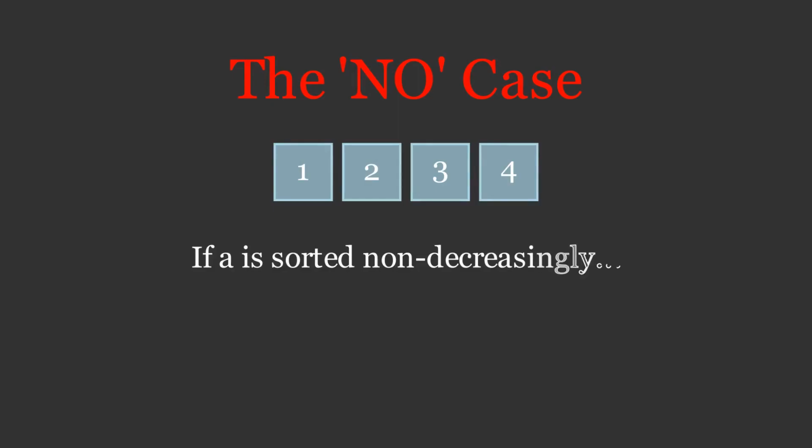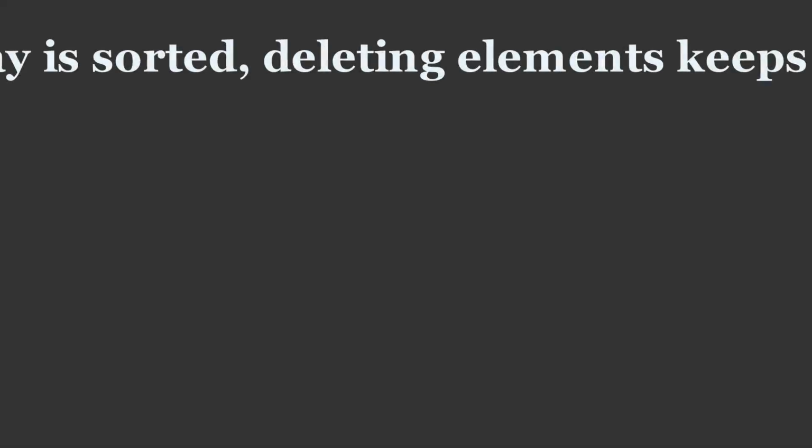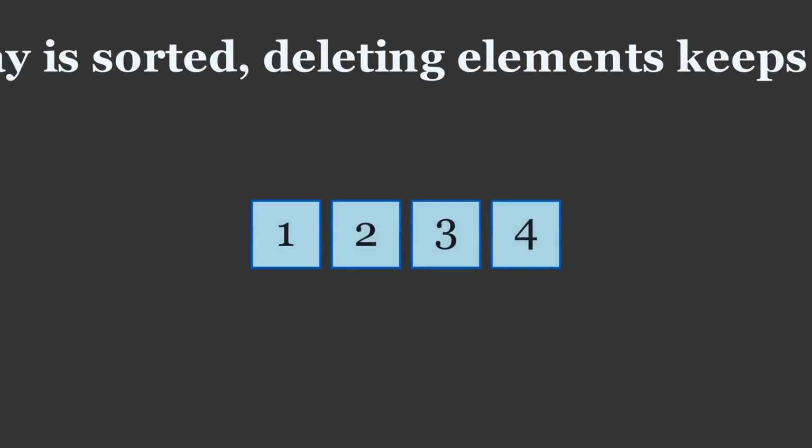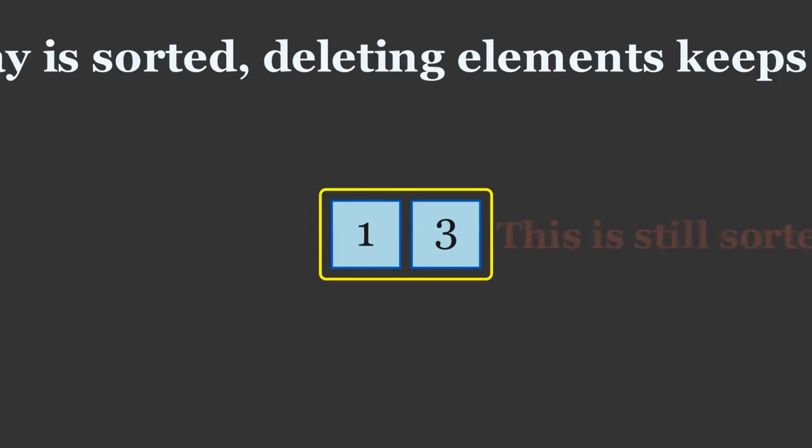If the original array is already sorted in non-decreasing order, for example, 1, 2, 3, or 1, 1, 2, 3, then any sub-array formed by deleting elements will also be sorted in non-decreasing order. Consider this. If you have 1, 2, 3, 4, and you delete 2 and 4, you are left with 1, 3. This is still sorted.